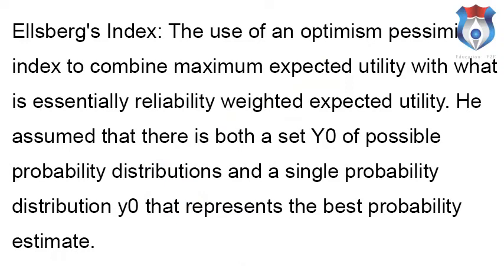Ellsberg's index, the use of an optimism-pessimism index to combine maximum expected utility with what is essentially reliability weighted expected utility. He assumed that there is both a set Y0 of possible probability distributions and a single probability distribution y0 that represents the best probability estimate.